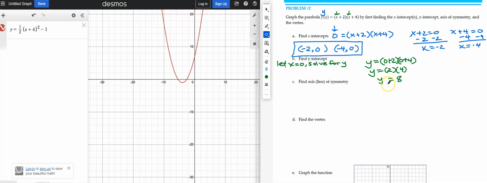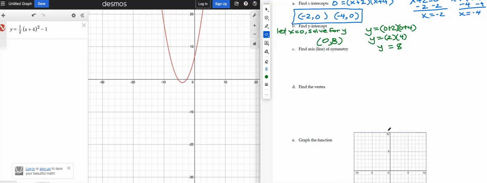But again, I'm not just leaving my answer like that. I've got to write it as an ordered pair. So I let x be 0 this time, so 0 goes here, and my y is 8. Okay, so we've got 3 points already.